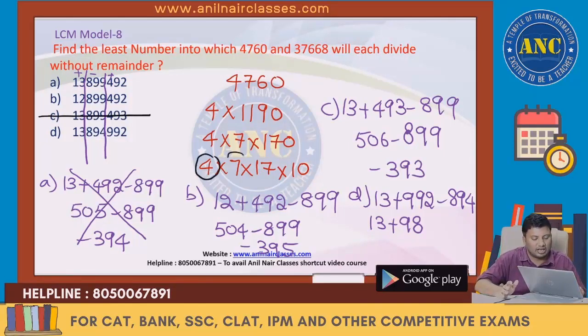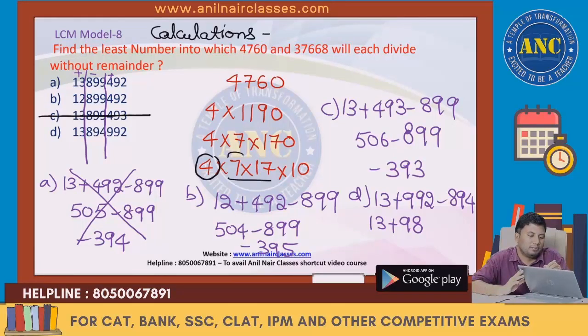Anyway 93 is out. I hope it is clear, right? So check which answer is satisfying these calculations. Please take care. If no options match, check the calculations with each of the numbers.